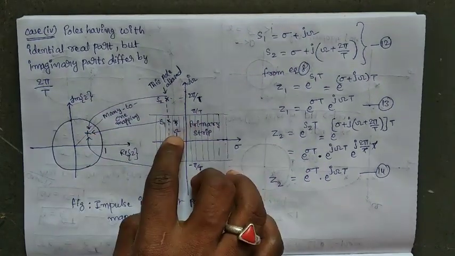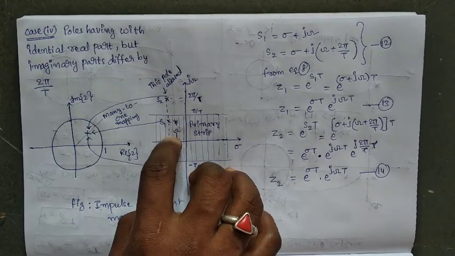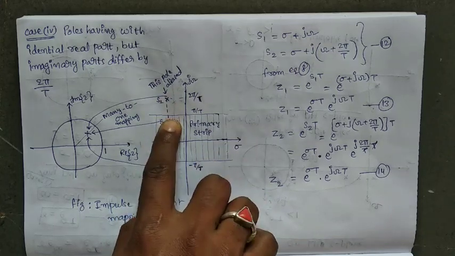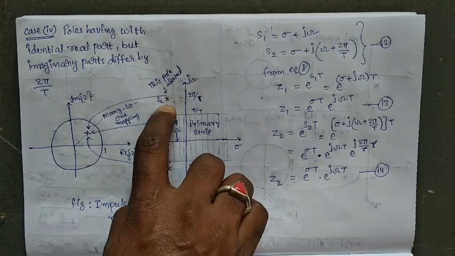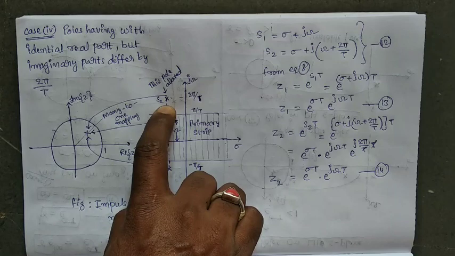The poles having the same real part but differing by 2 pi by T cause aliasing when sampling an analog signal.